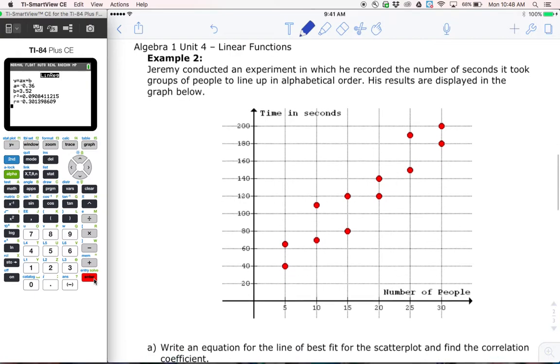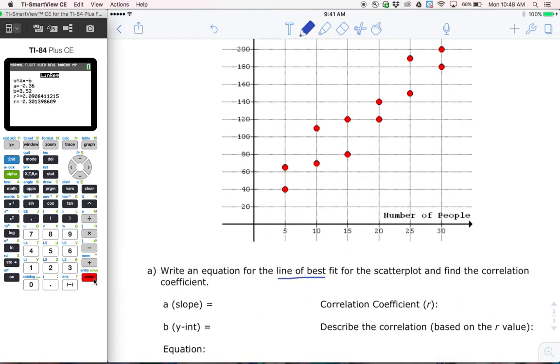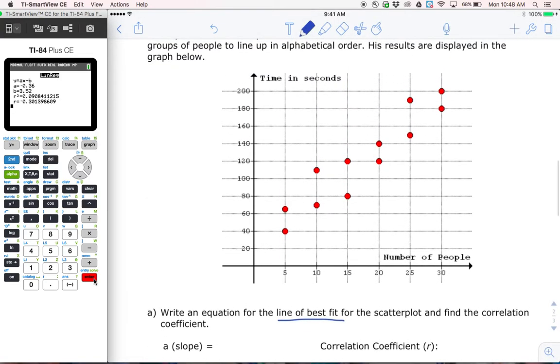Let's look at example 2. We're supposed to write an equation for the line of best fit. So we have to put all these points in our calculator. We have to take a second, and I would definitely go ahead and write down the points for this.